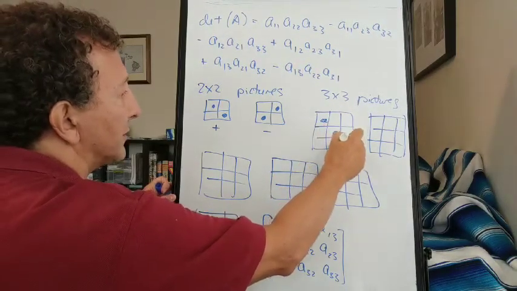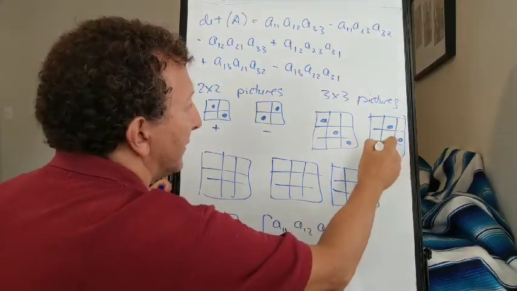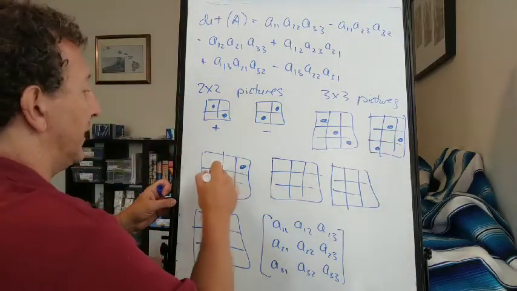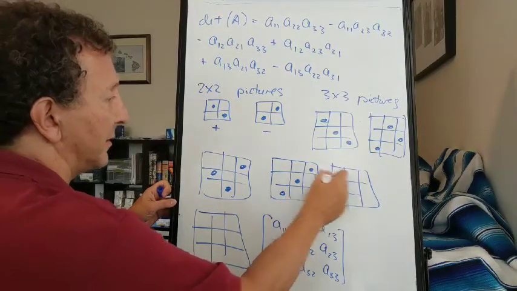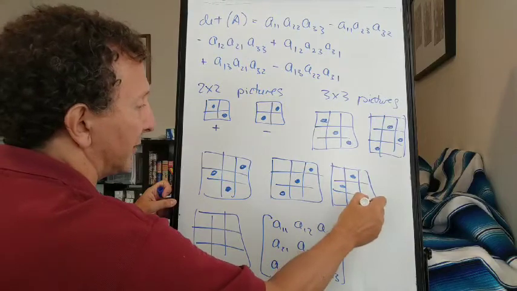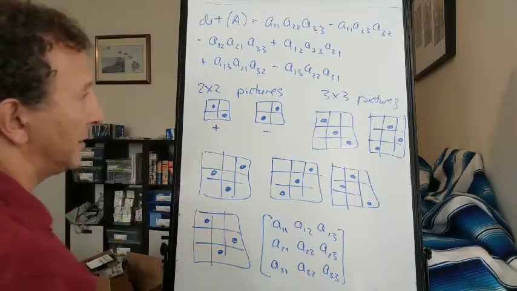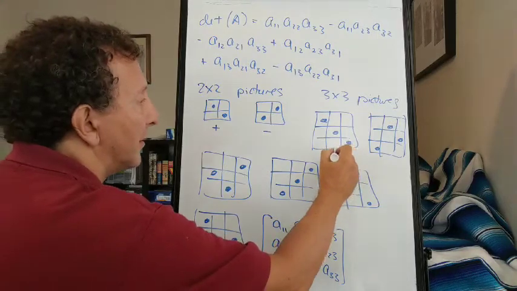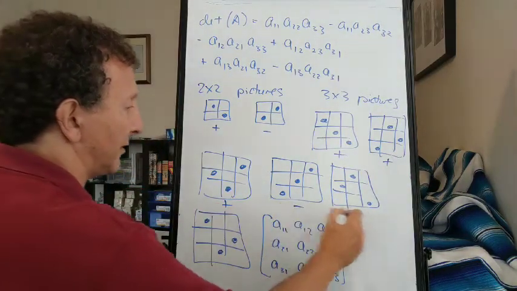So we have this product and this product and this product and that product and that product and this one. These three have a plus sign and these three have a minus sign.